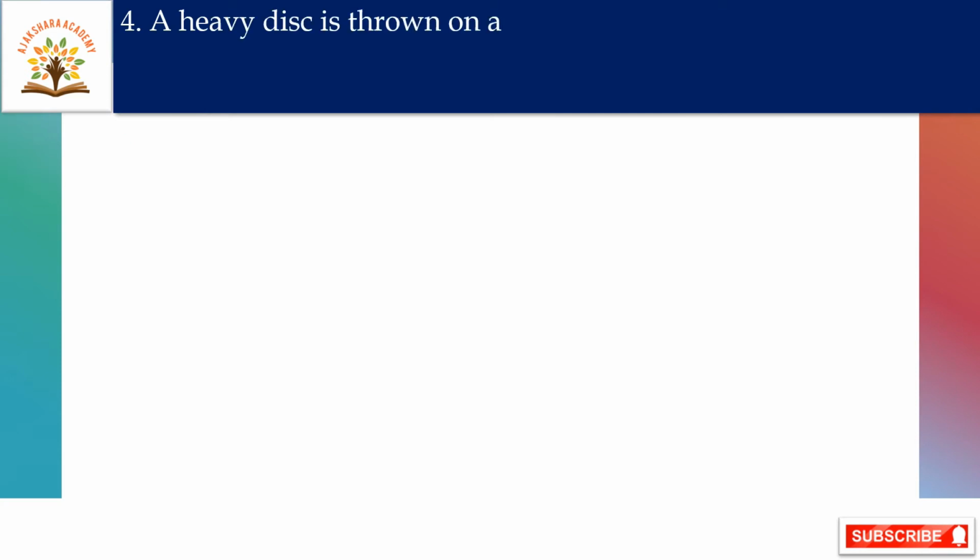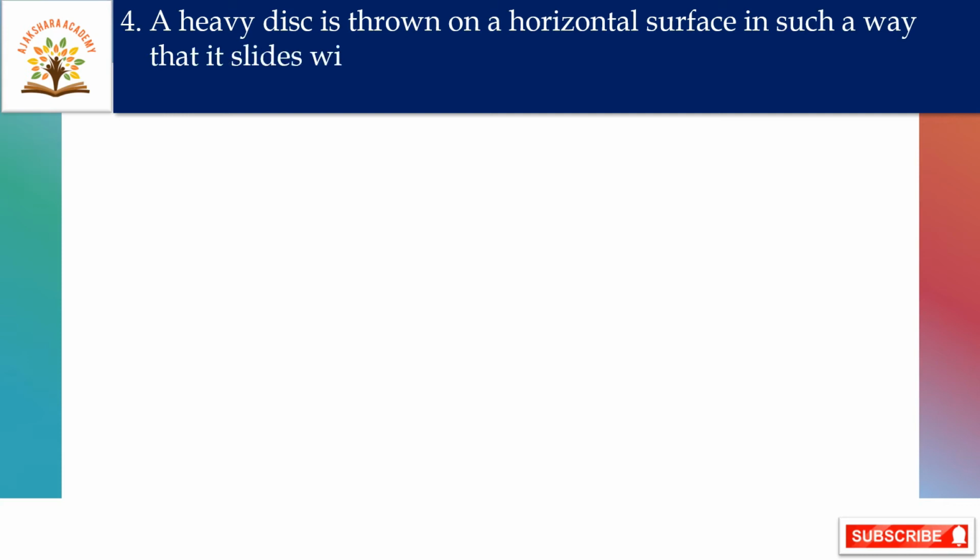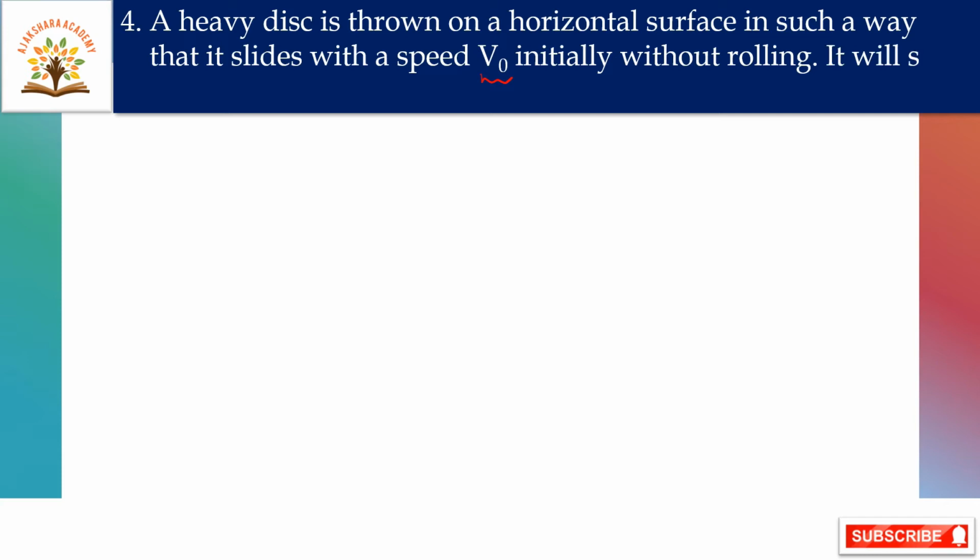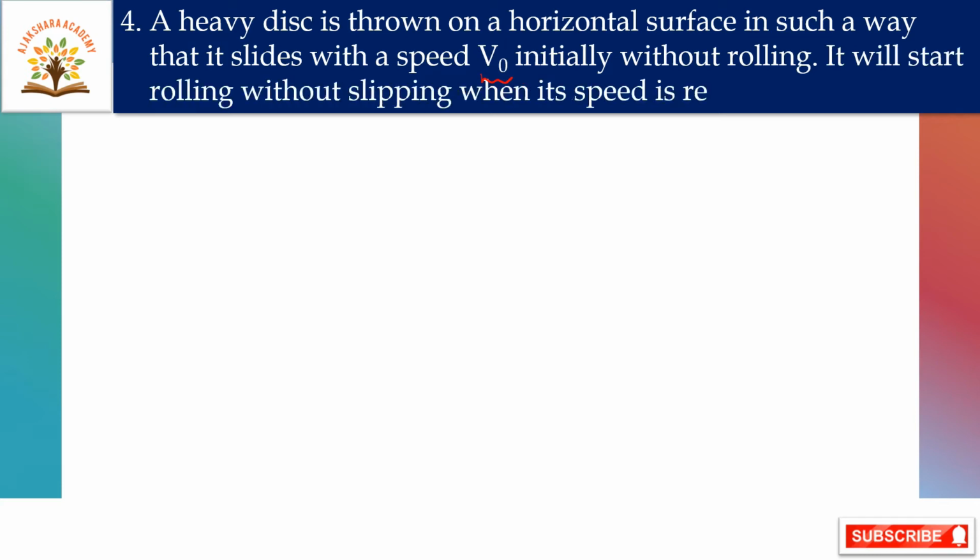A heavy disc is thrown on a horizontal surface in such a way that it slides with a speed v0 initially without rolling. It will start rolling without slipping when its speed is reduced to what? Now let us go to the solution.